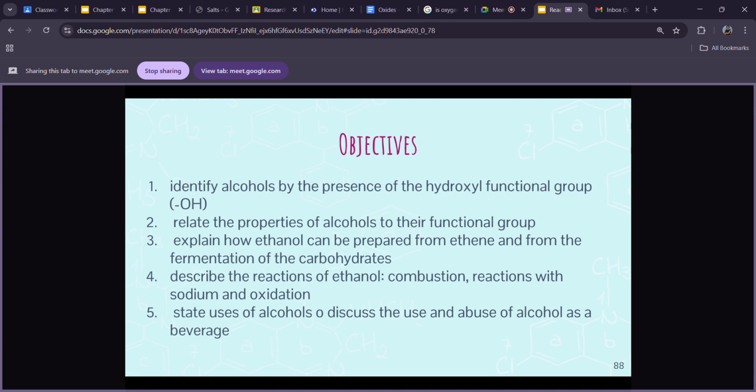And this is a common question that we see on the past paper as well, the fermentation of carbohydrates, as well as the steps and all the apparatus that are used for fermentation. It also says we're going to describe the reactions of ethanol, so combustion, and reactions with metals and also oxidation reactions, and we're going to state the uses of alcohols and also what happens when we abuse alcohol usage.